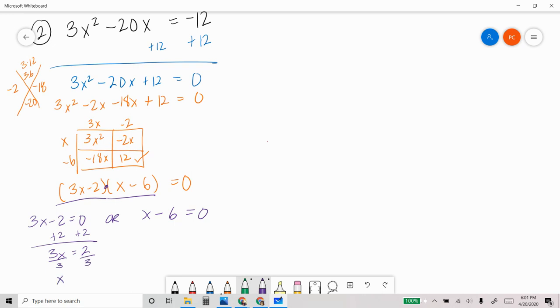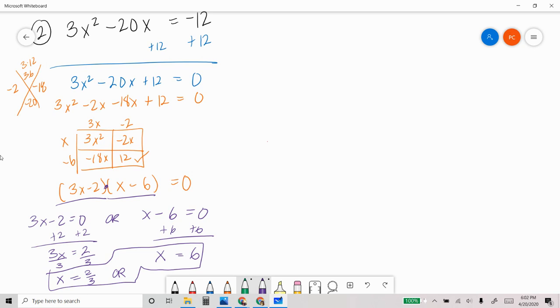To make x by itself, divide both sides by 3 so that we get x is 2/3. The other option, if we add 6 to both sides, we would get that x is equal to 6. Oh, that's funny. I think that's what we got last time too. So the two solutions are that x can be 2/3 or x can be 6.